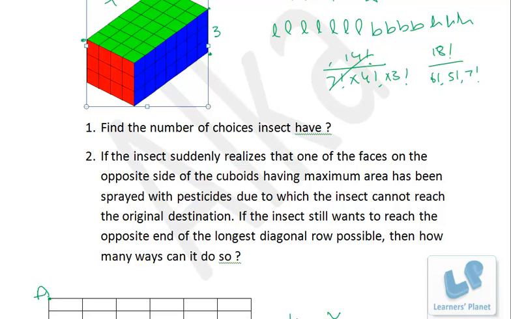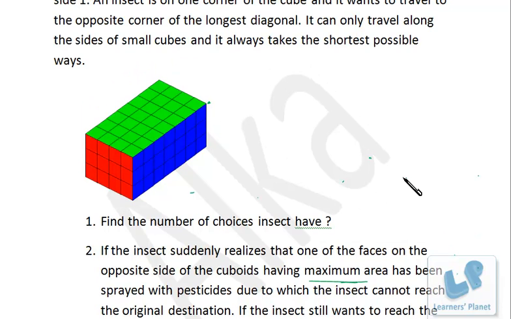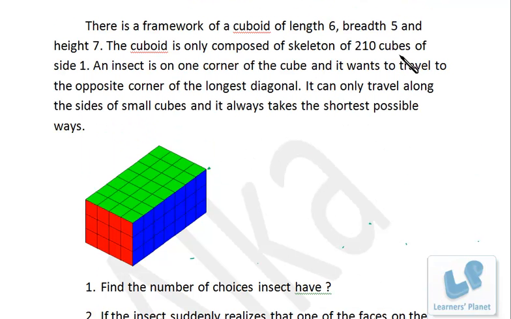Let's try this. Now what is happening over here? The face having the maximum area is the face 6 by 7, right? 6 by 7.